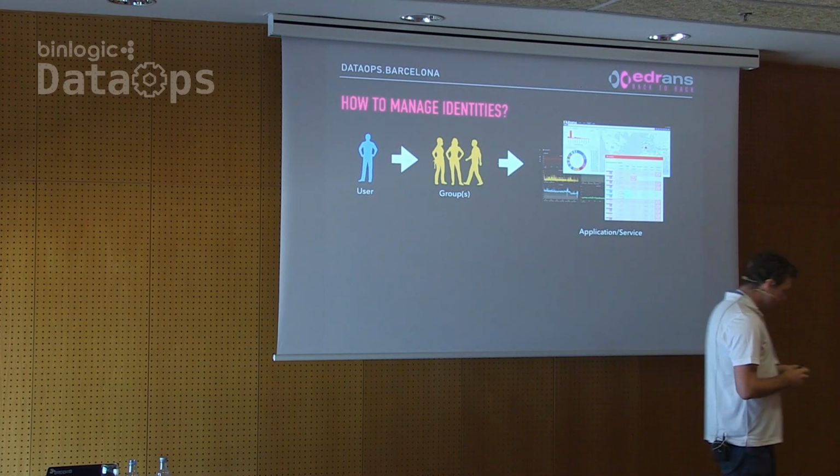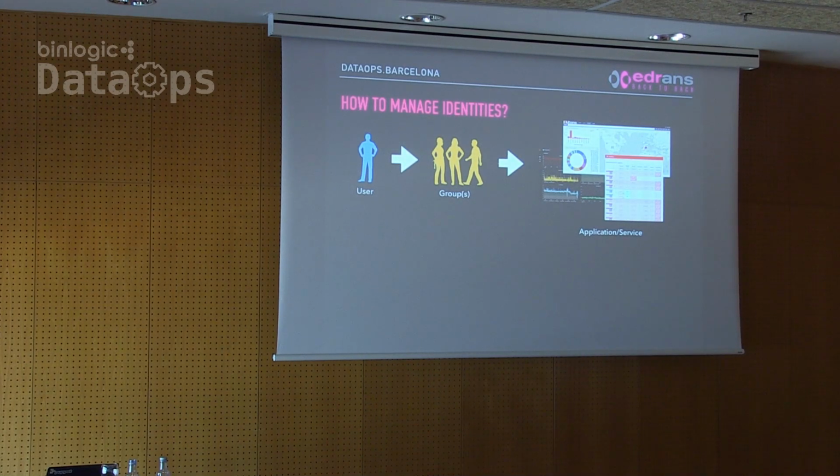Okay, how we manage the identities. Most of the time, we just want a user belonging to one or different groups, and these people need access to some application or service in our company. The first image that comes to our head, if you're a technician, is probably to centralize everything into an LDAP or Active Directory server.